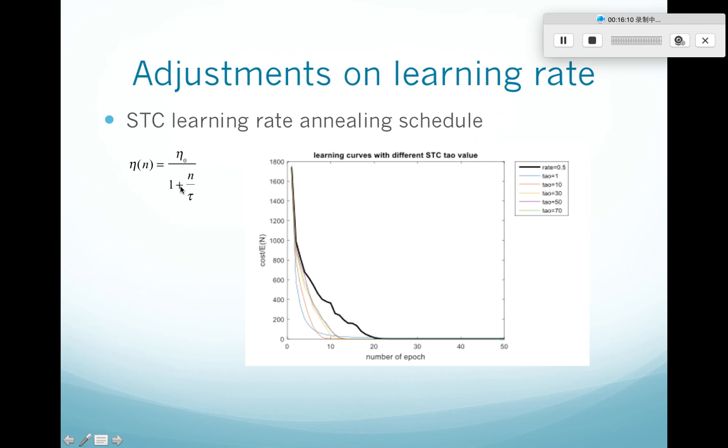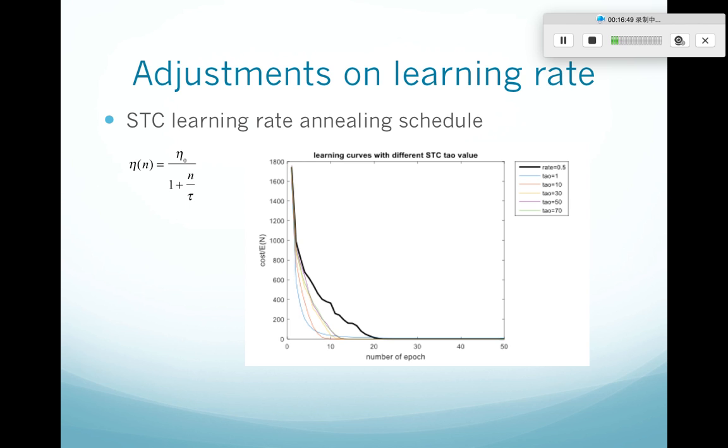The basic idea is that gradient descent with a constant rate is not a good enough strategy, so we could use a large rate at the beginning epochs, but as iterations increase, we need to reduce the learning rate in order to make sure of stable change in weight space. So the method is to use a time varying learning rate.